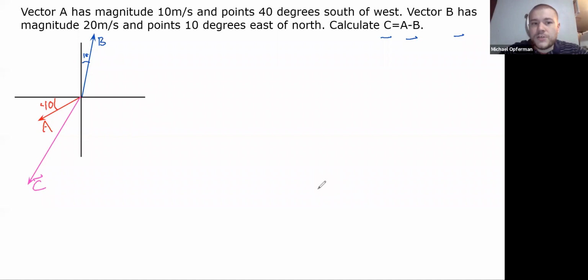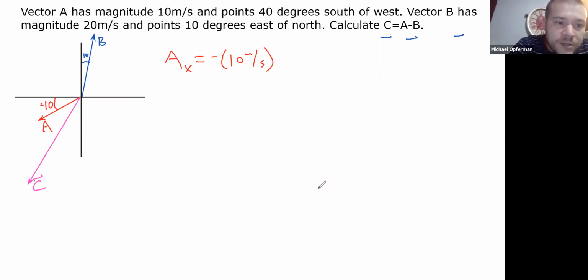So first thing I want to do is get the X and Y components of vector A and vector B. So let's do that. For vector A, the X component is negative, first of all. The magnitude of vector A is 10. And now, is it sine or cosine? I'm visualizing a triangle that looks like that. And the X component is this side.